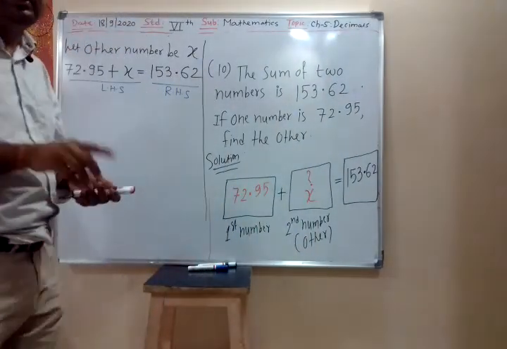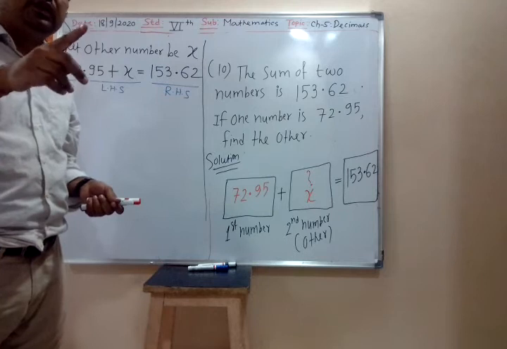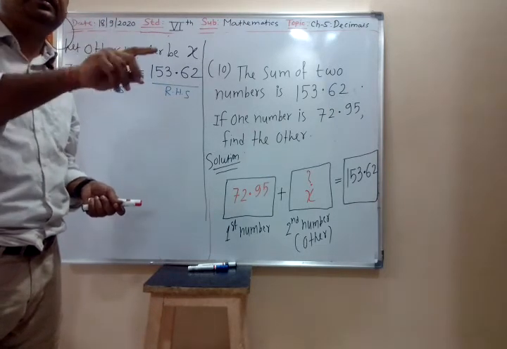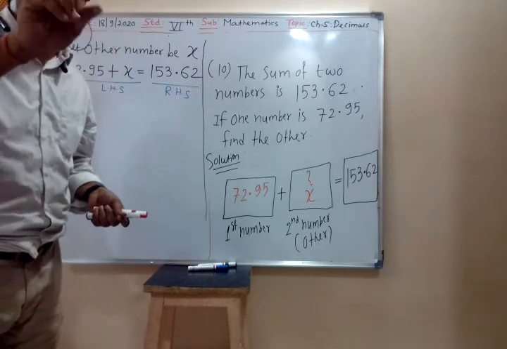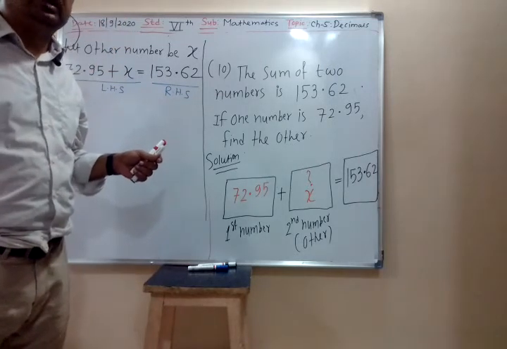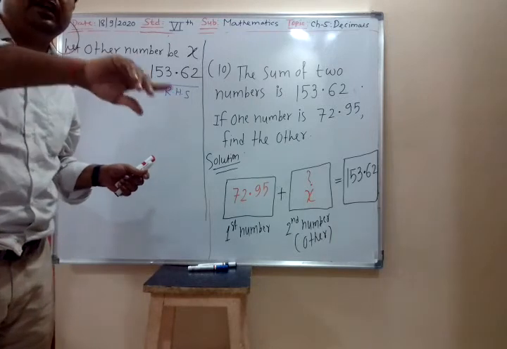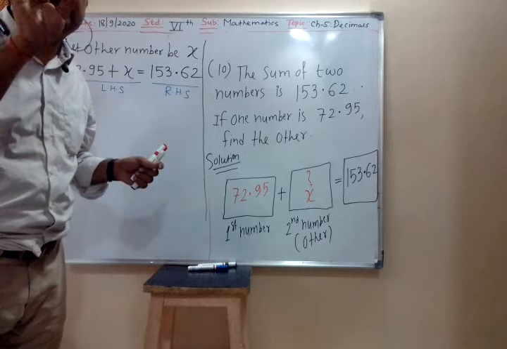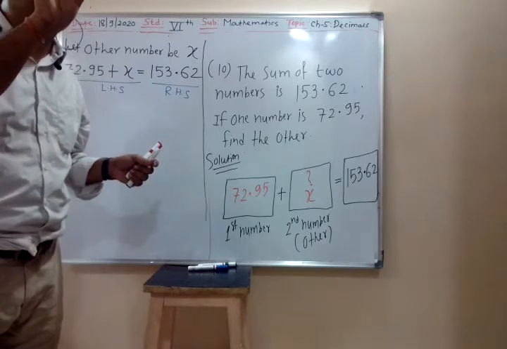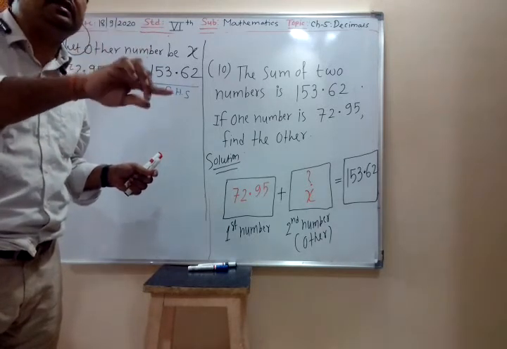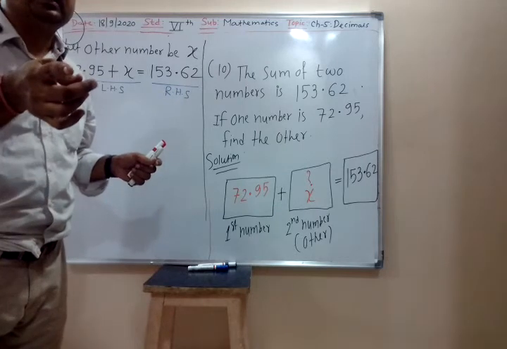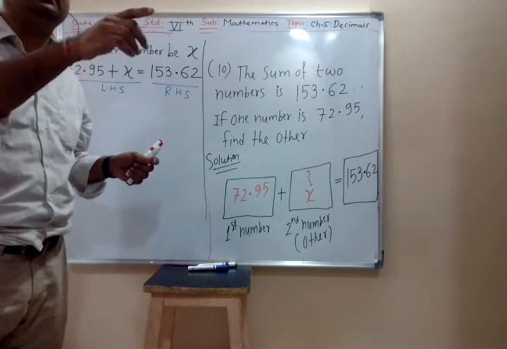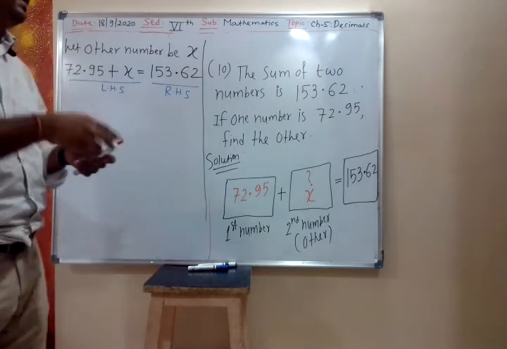Whenever we take a number from the left side to the right side, or the right side to the left side, the sign of that number changes. If the number has a plus sign and we change the side, it becomes minus. If it has a minus sign, the sign changes too.